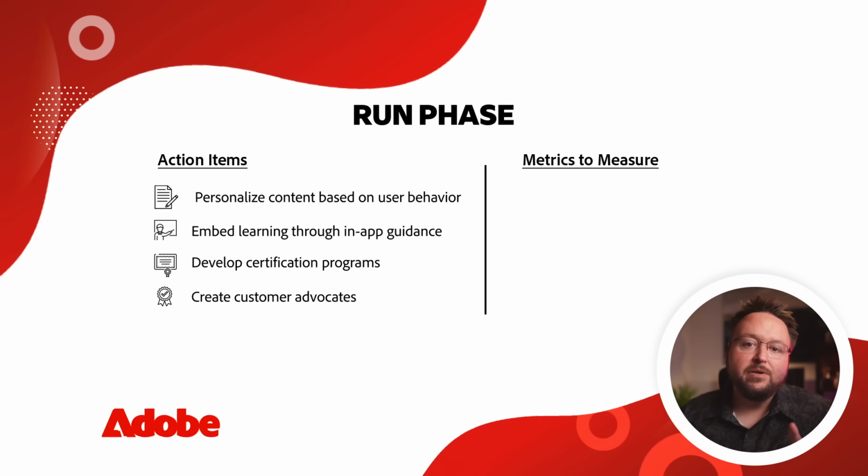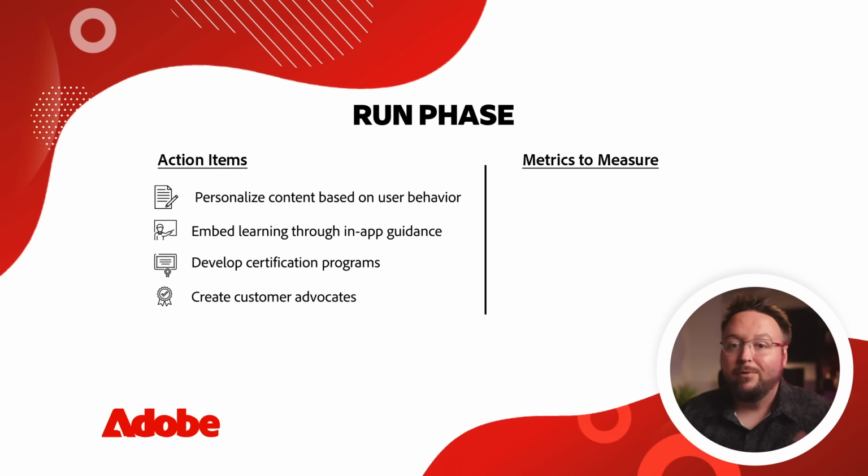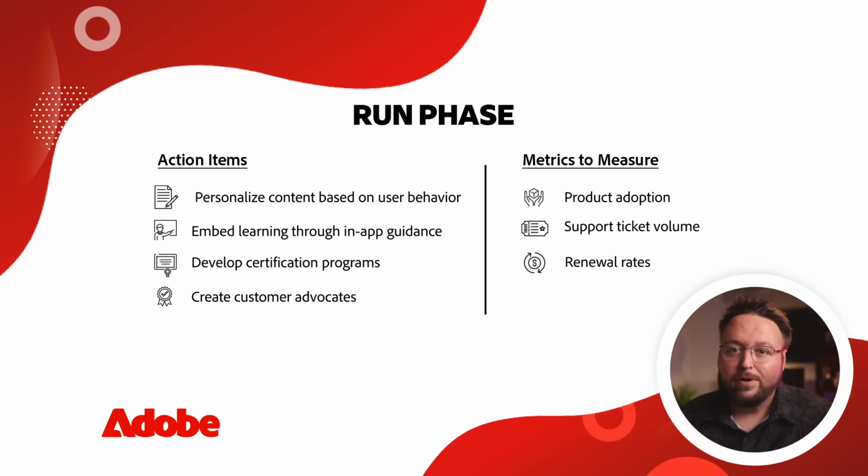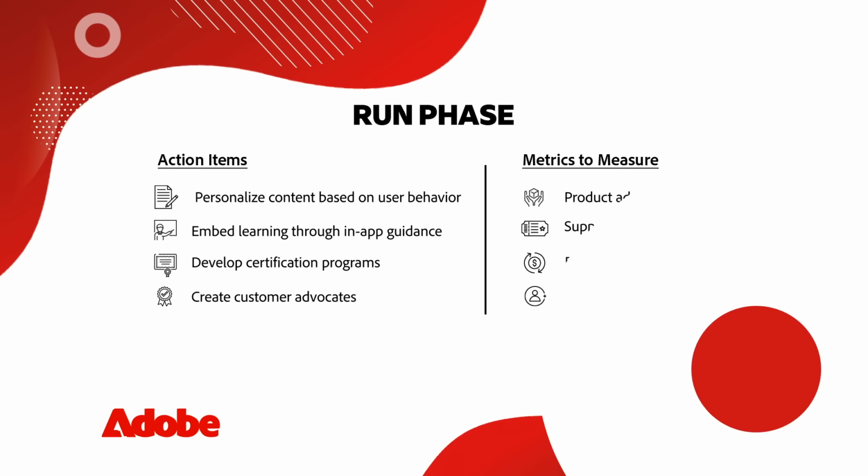At that social company, we built dashboards showing how education affected product adoption, support ticket volume, renewal rates, and account expansion. We could measure ROI confidently and show how every dollar we invested in education came back in the form of incremental revenue gains. This data-driven approach allowed us to optimize our program continuously and secured education's place as a strategic business function at that company.